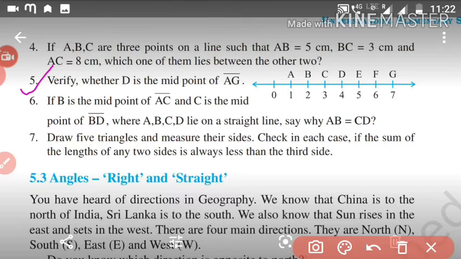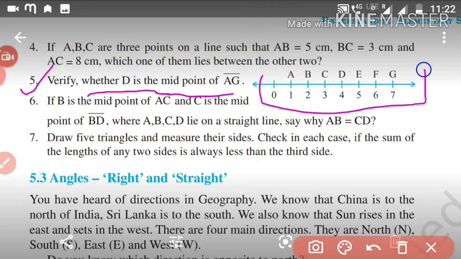Question number 5. Verify whether D is the midpoint of AG. From this given figure we have to verify whether D is the midpoint of AG or not. So you can see AG, isn't it? This is AG.